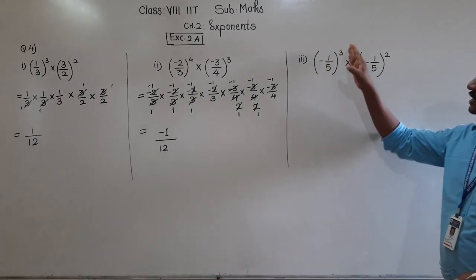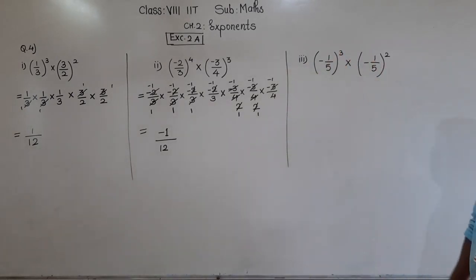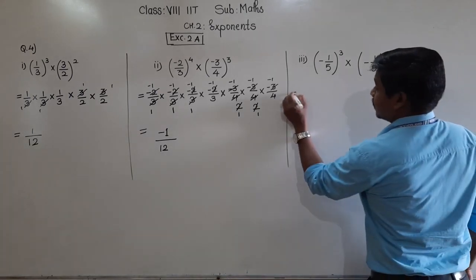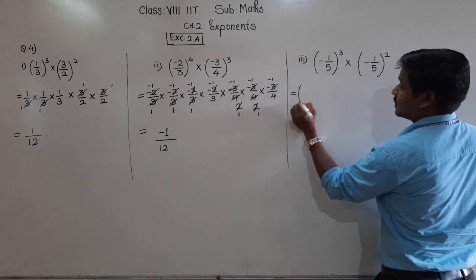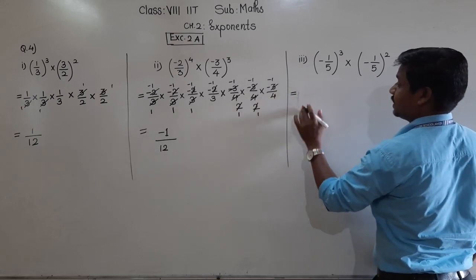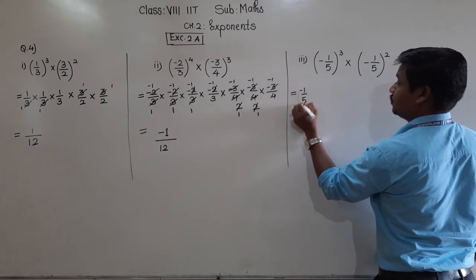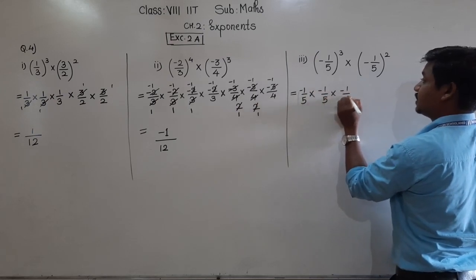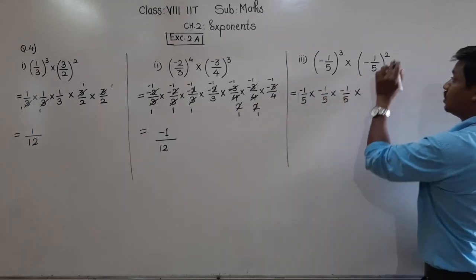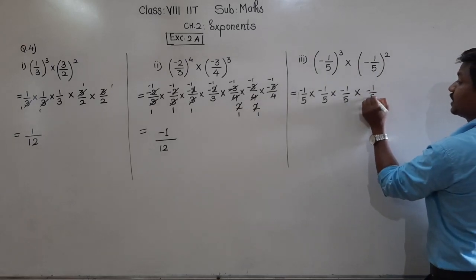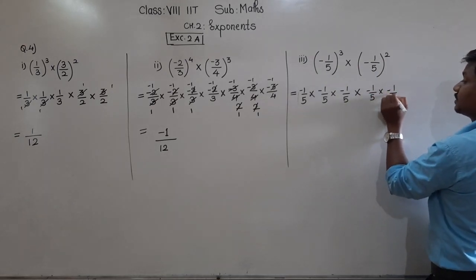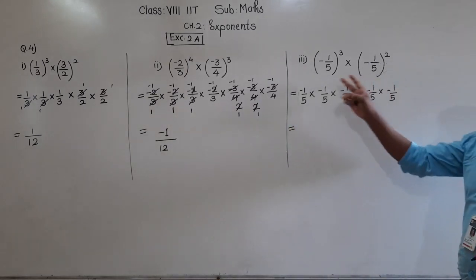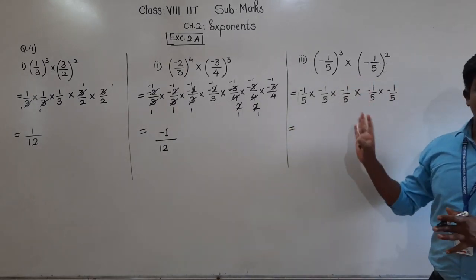(-1/5)^3 × (-1/5)^2. So here -1/5 × -1/5 × -1/5, 3 times, into here 2 times, -1/5 × -1/5. Here there is no numerator and denominator which are divisible, which have a common factor.